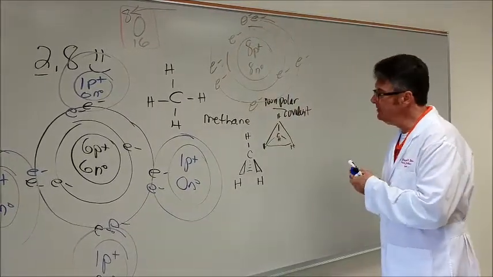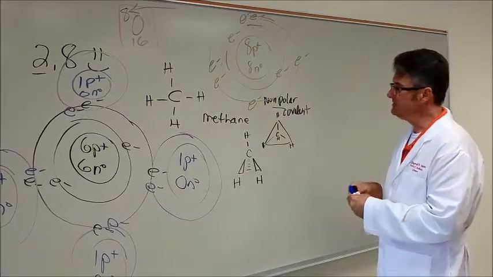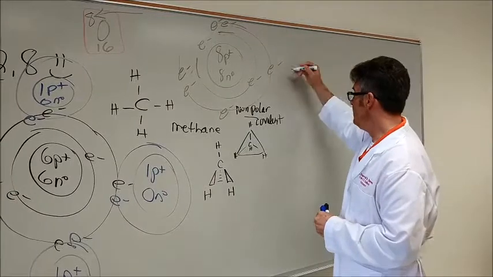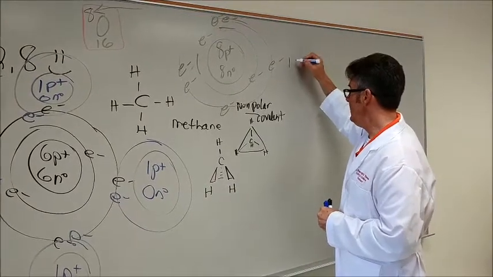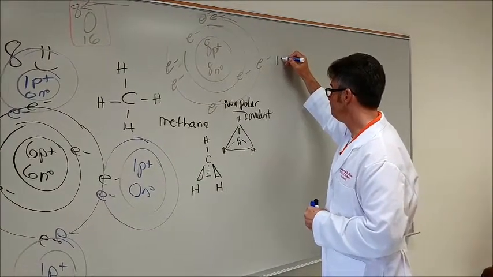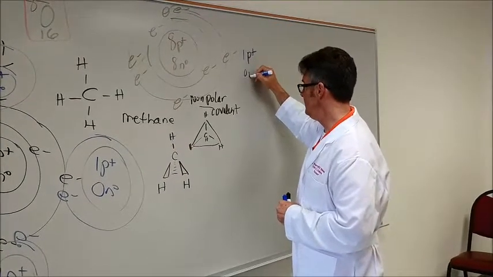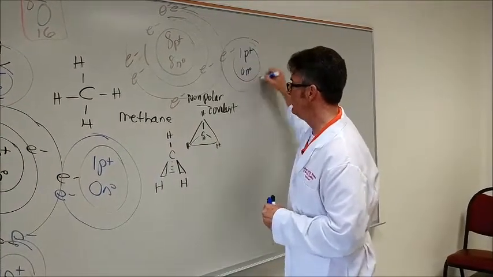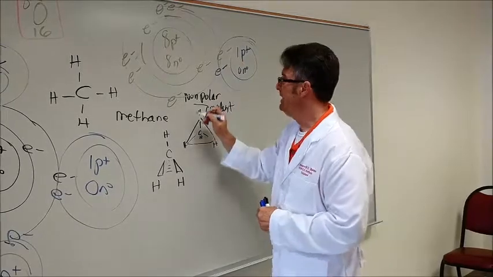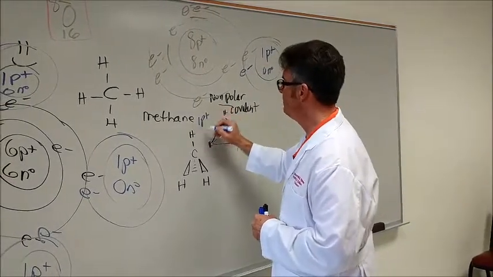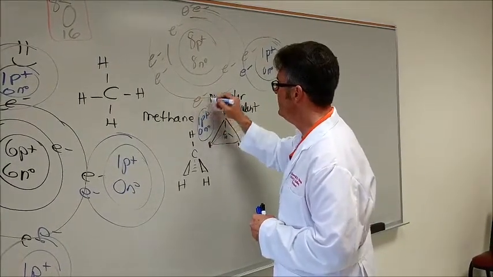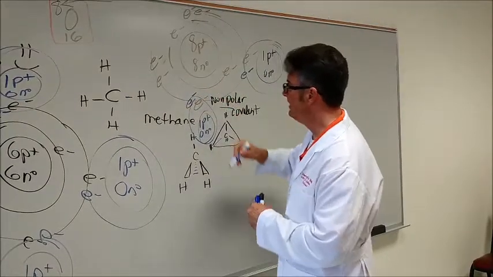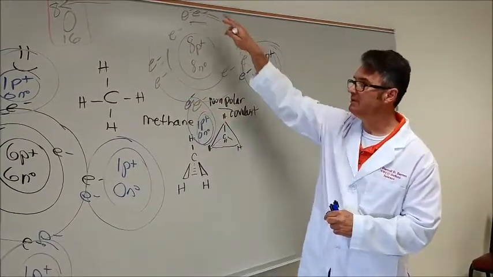And what I want you to notice, and I'm getting everything very jumbled up, is that this is oxygen. And if we add in a hydrogen, there's 1 proton and no neutrons in hydrogen. If we share an electron here, and then do the same thing here, 1 proton, no neutrons, and share an electron here, look at what we have. 2, 4, 6, 8.